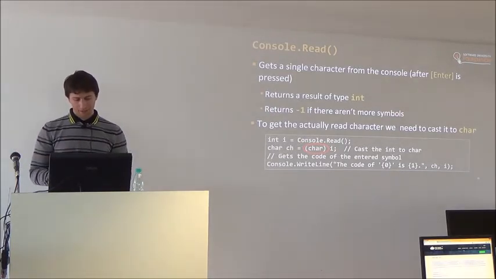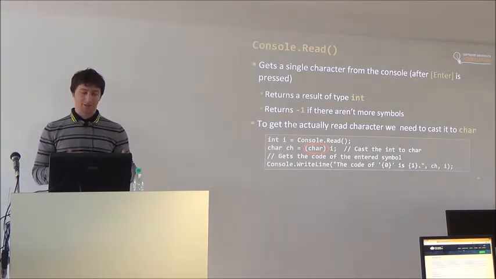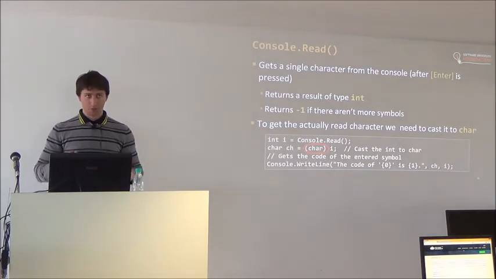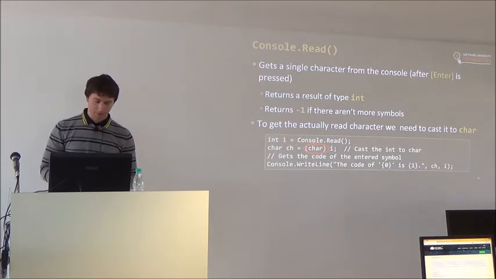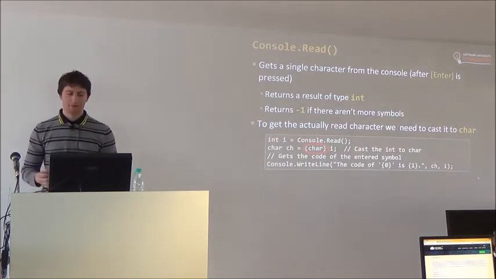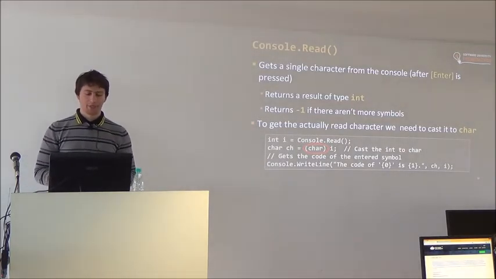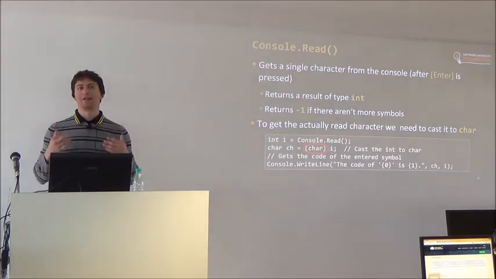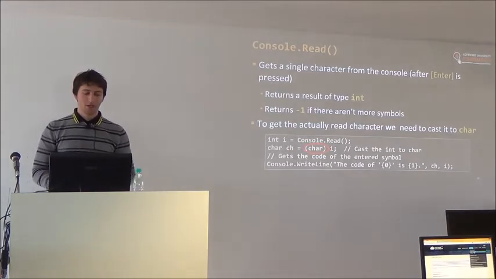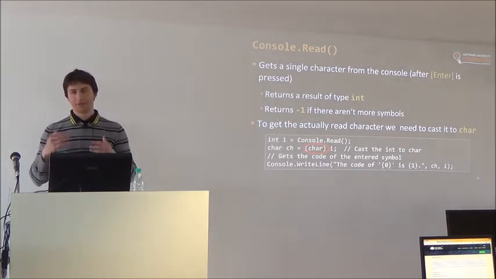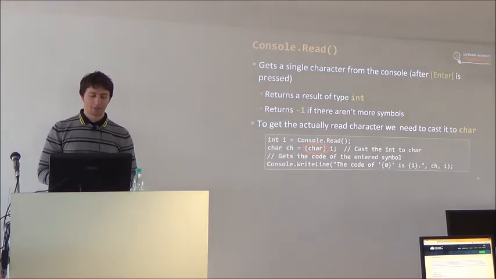But since we expect the integer return to be one of the characters that we know, or maybe don't know, for example, the Chinese hieroglyphs or something, you will always have to make sure that you can convert it to a character, because sometimes you might get an input you simply can't. But if you'd like to get the character, you first get it as an integer, then convert it explicitly.